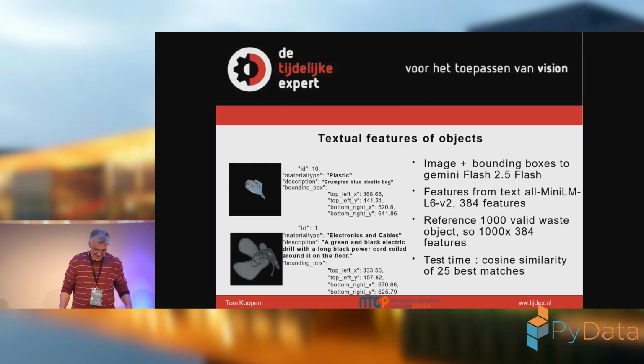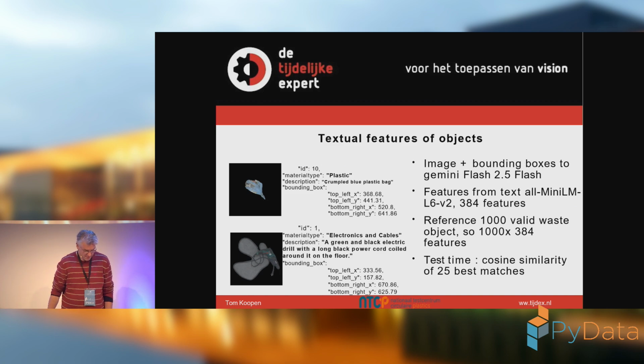So I took an image with the bounding boxes and sent it up to Gemini, and I got a really nice description of every object. I was really amazed at how detailed it was. I thought, this is nice. How do I use this? Well, I got a text description, but I still need features.